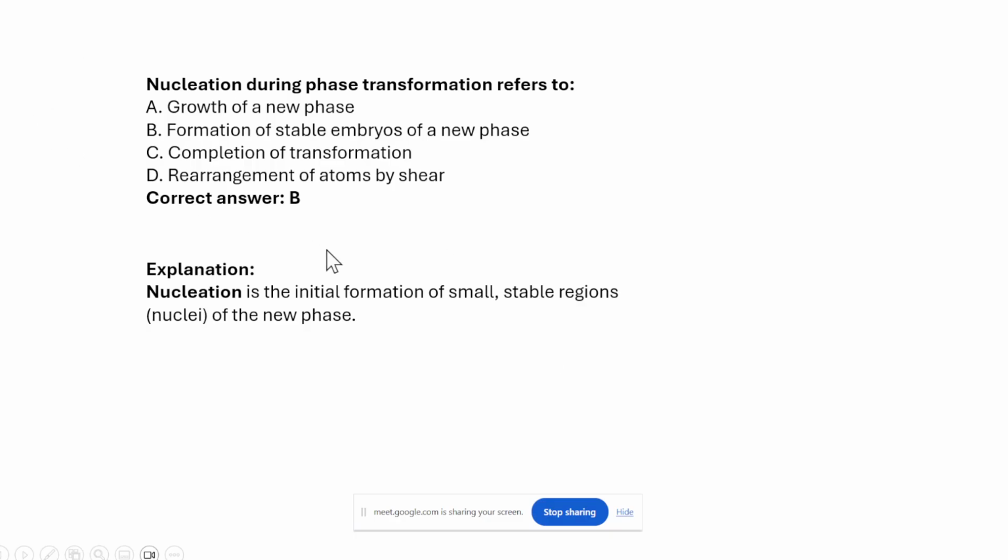Next, nucleation during the phase transformation refers to: growth of the new phase, formation of the stable embryos of the new phase, completion of the transformation, or rearrangement of the atoms by shear. So what does nucleation formation mean?